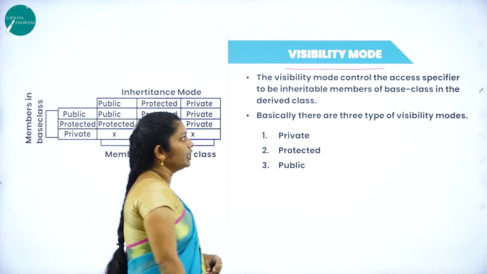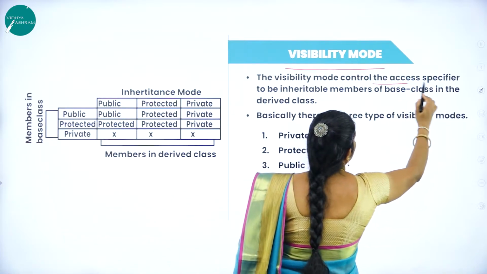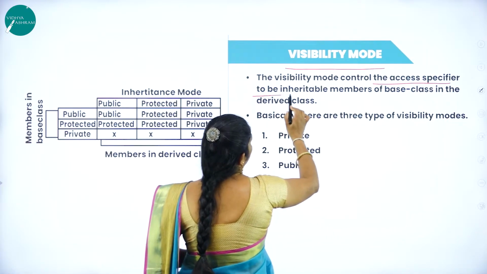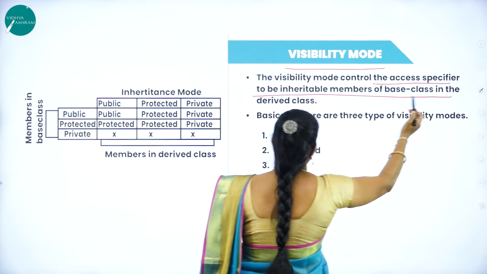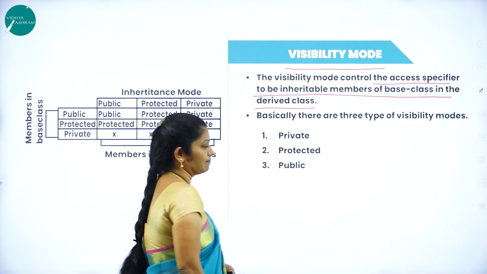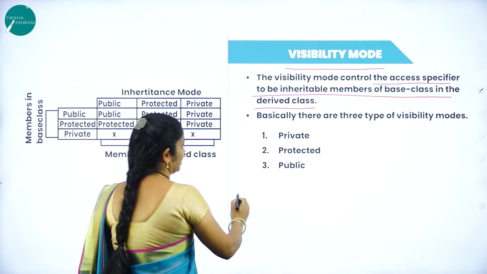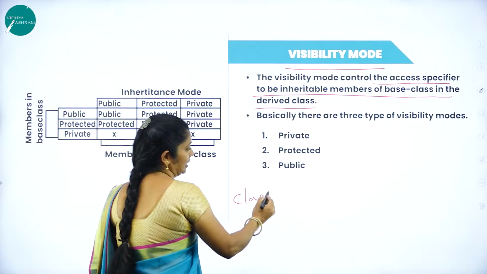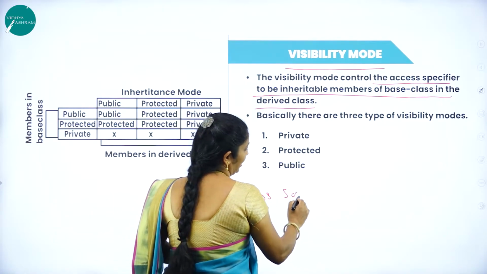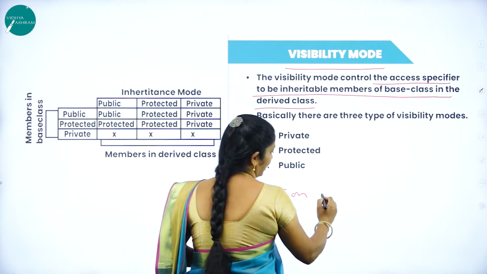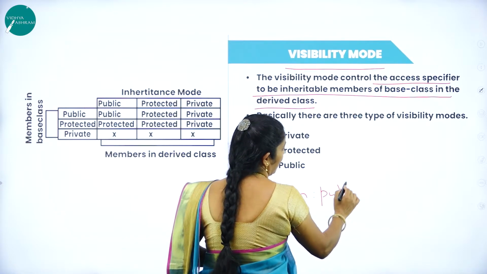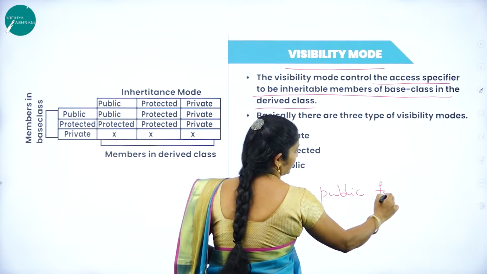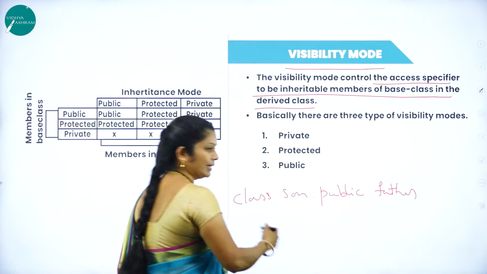The visibility mode controls the access specifier to be inherited members of the base class in the derived class. I am going to give an example. For example, I am going to create one derived class, son. This son has the properties. For example, here I am going to write public, then father. That's one example.